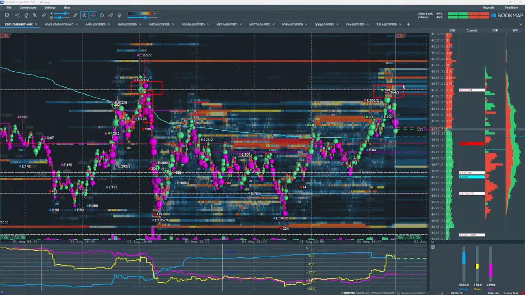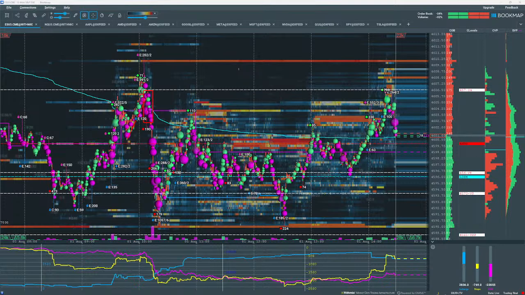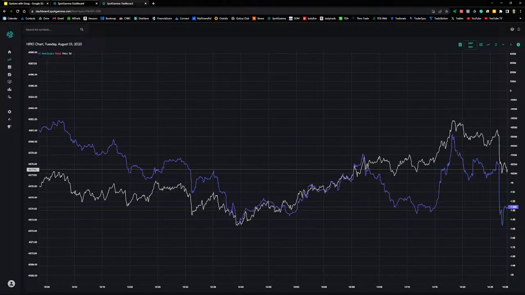Price doesn't quite make it up there today, options traders start taking negative delta positions, and larger traders start coming in with sell iceberg orders, and price moves lower. Very nice divergent setup, great spot, Victor Ben. Let's go back and take a look at Hero. So there's the S&P 500, there's the divergence.